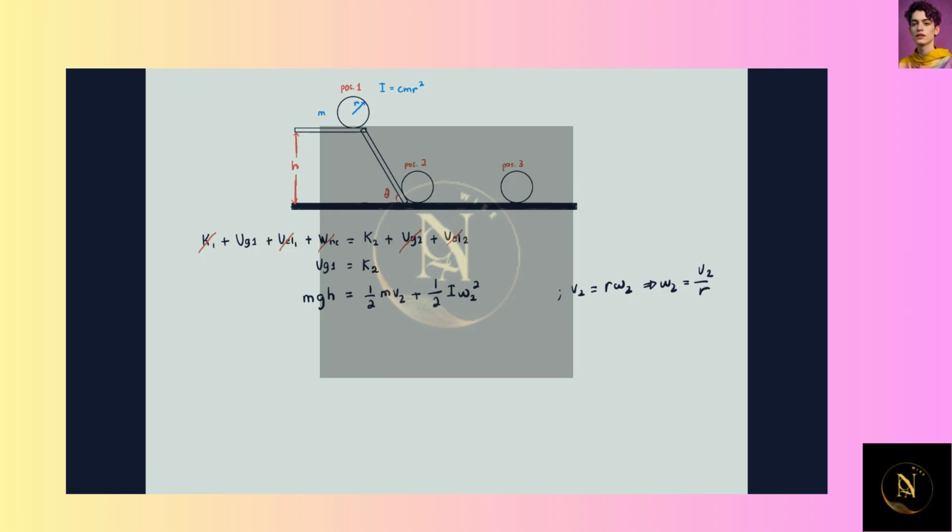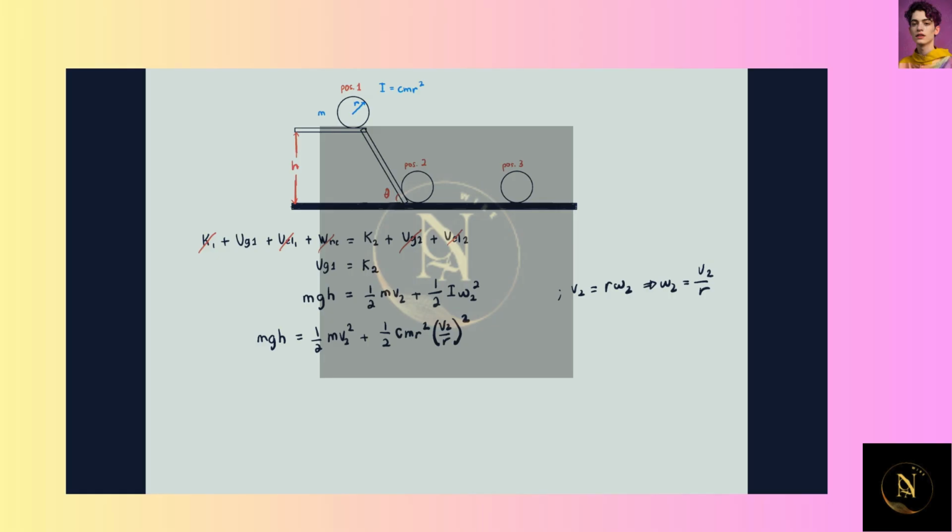We can substitute this into our work energy equation, as well as the given equation for the moment of inertia I. So our equation becomes mgh equals 1/2 m v2 squared plus 1/2 c m r squared times omega, which is v2 over r, squared.